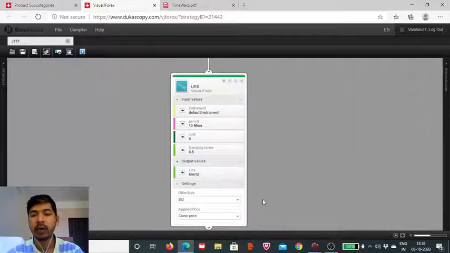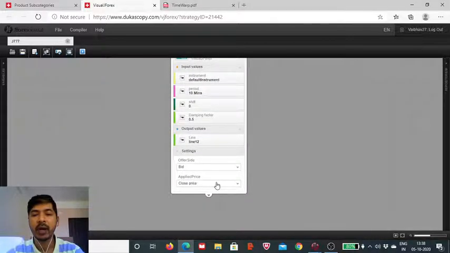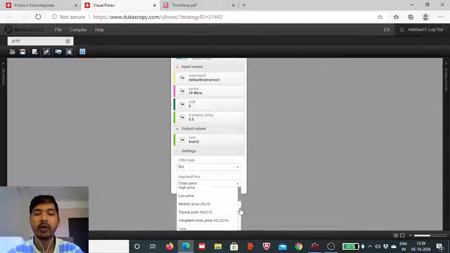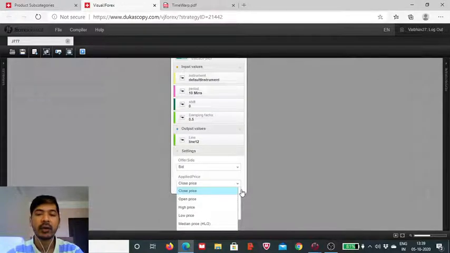Here you have to see which applied price you want to work with, and then depending on that value you will have different LRSI values. If we use the closing value, the value will be different than if we were to use the high price.